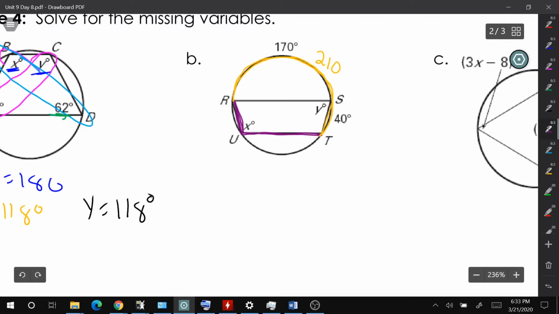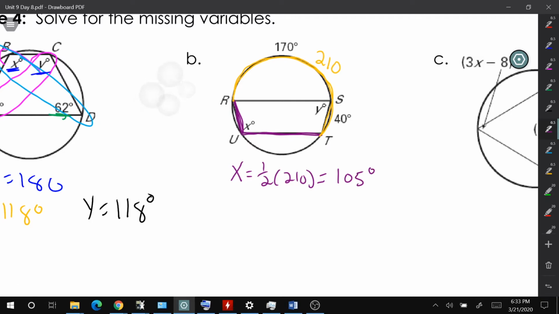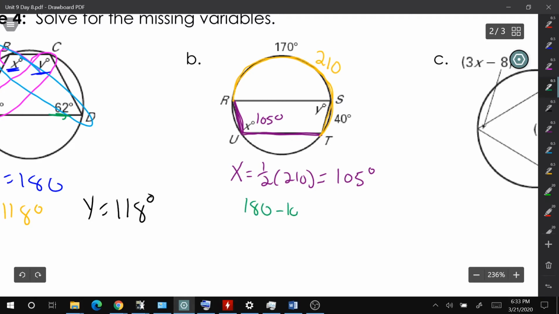That means angle x has got to be 1/2 times 210, or 105 degrees. Now that we know that angle x is 105 degrees, for angle y, we can do 180 minus 105, and that gives us 75 degrees. So y equals 75 degrees, and x was 105 from up here.